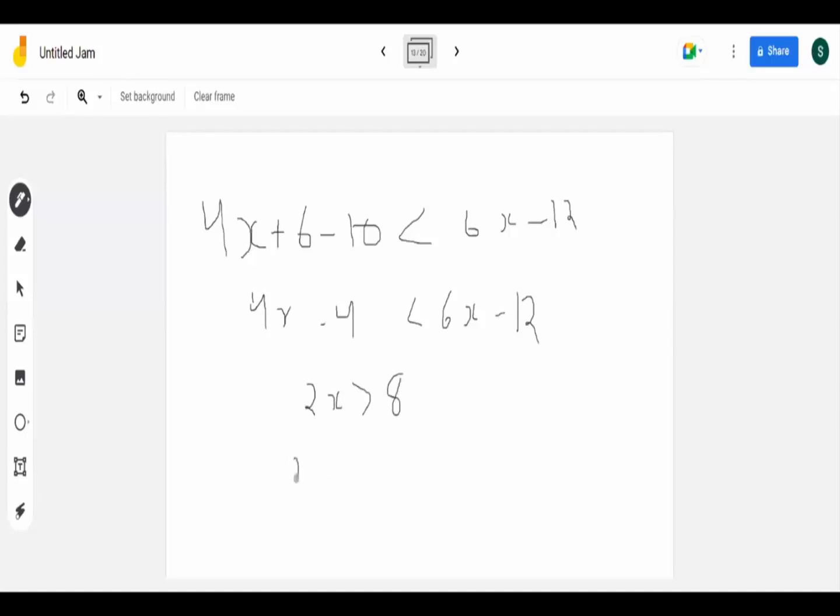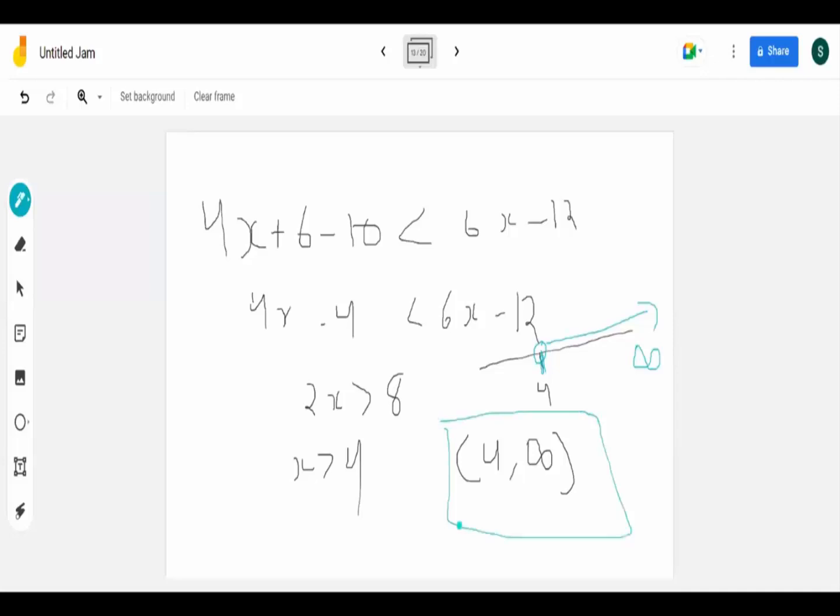Divide by 2 on both the sides to get x greater than 4. If x is greater than 4, our answer will become from 4 to infinite. Again, you can check by number line. This is 4. We have to exclude 4, and greater than 4 is from 4 to positive infinite. So this is our correct answer. This is the set of real values x.